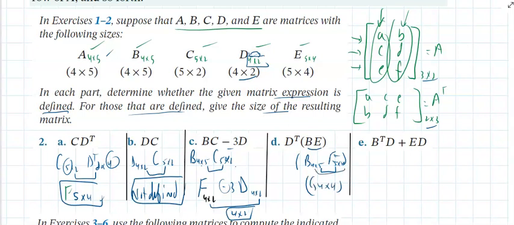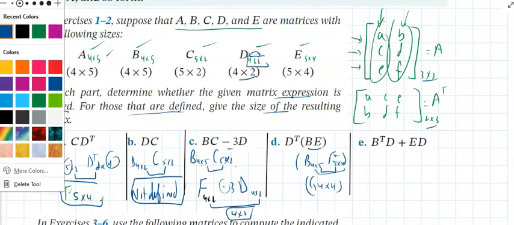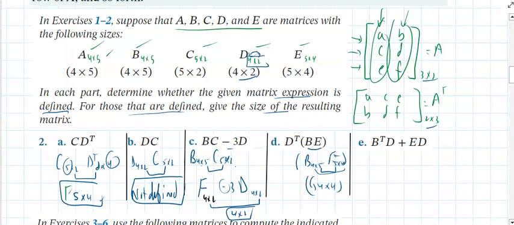Let's say G. I'm going to multiply it by the transpose of D. Well, if D is 4 by 2, then D transpose is 2 by 4. The inners match, and the outcome is a 2 by 4 matrix.